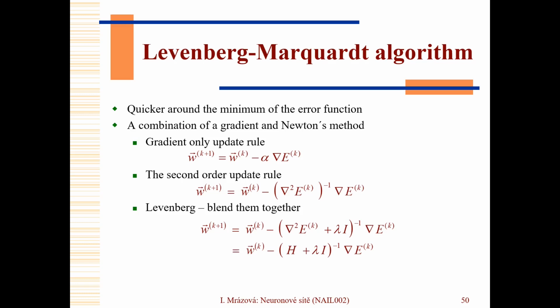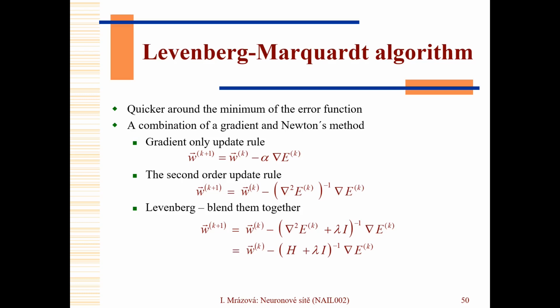Therefore, this technique is an iterative one, and as a kind of remedy or insurance for suitable behavior, there is incorporated a component resembling the traditional backpropagation algorithm. So, this method is much quicker around the minima of the error function, and it consists of a combination of a gradient and a Newton method.